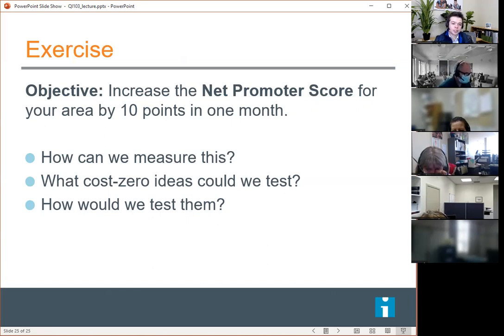So just spend a few minutes thinking about these, and if you could put some of the ideas in the chat. So for example, if you're the charge nurse on the ward and you want to increase the net promoter score for the patients on that ward, how can we measure it?